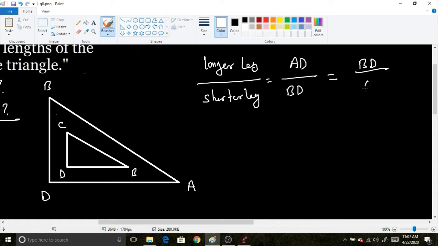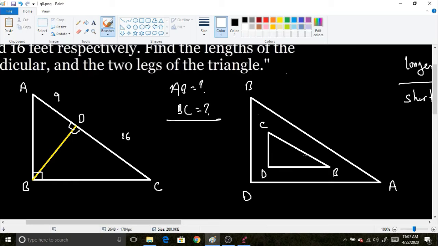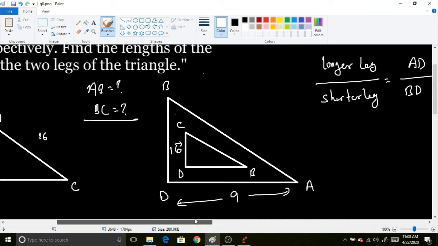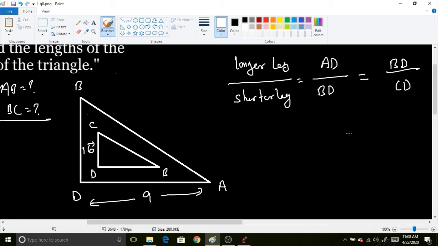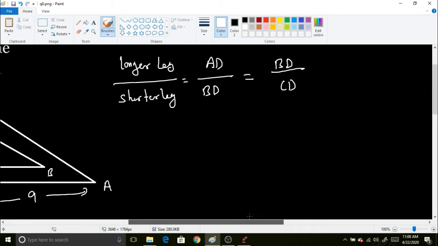So I'm going to equate this ratio. We know that AD is 9, and CD is 16. Okay, no problem. The ratios will be equal, so we are going to focus on this only.